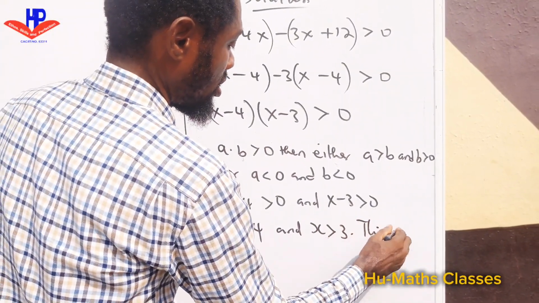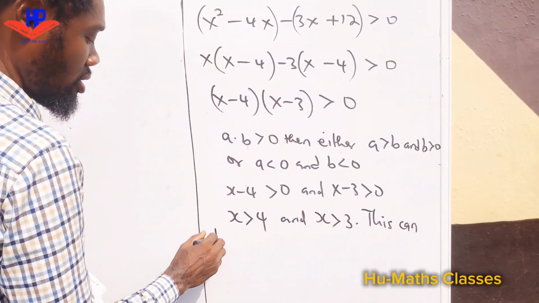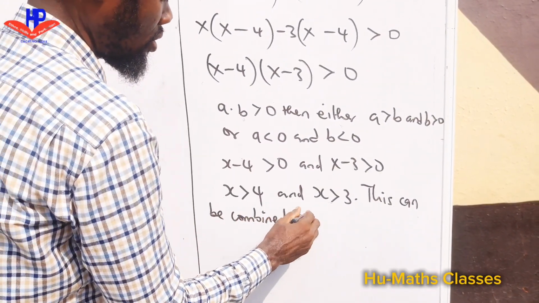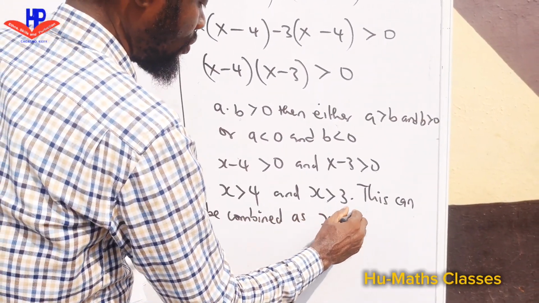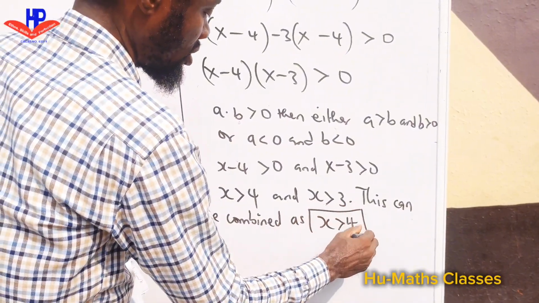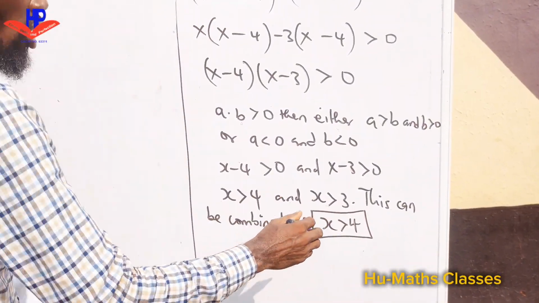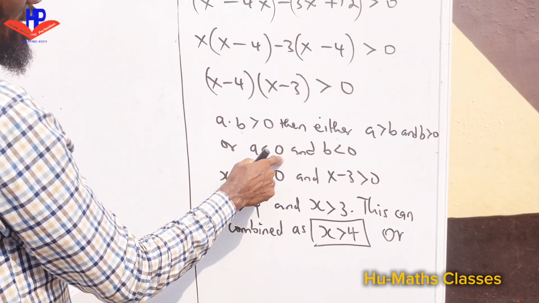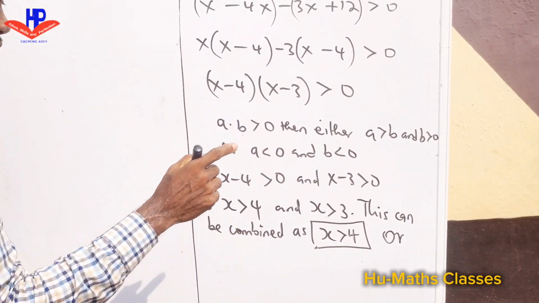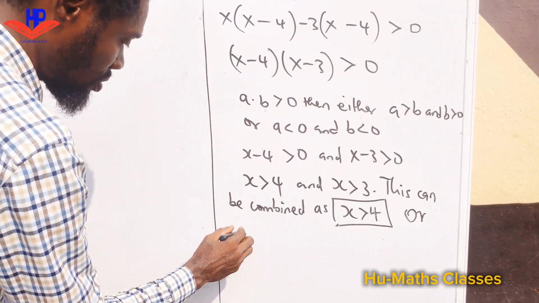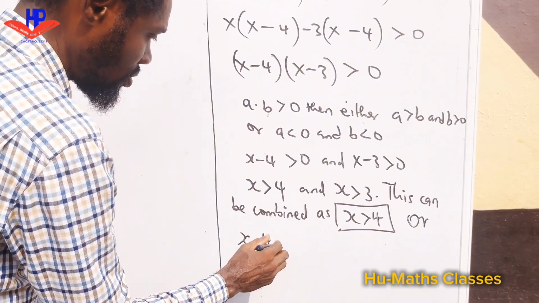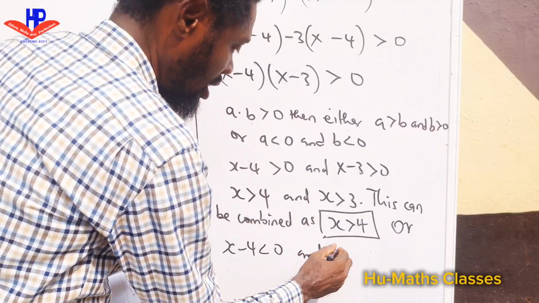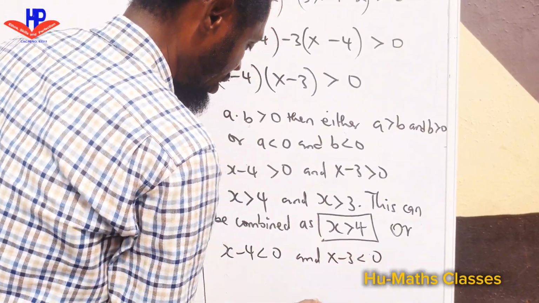This can be combined as x greater than 4. So take this, very important. Or I'm going to apply the second part of it that says a is less than 0 and b is less than 0. If that is true, I'll have x minus 4 less than 0 and x minus 3 less than 0.